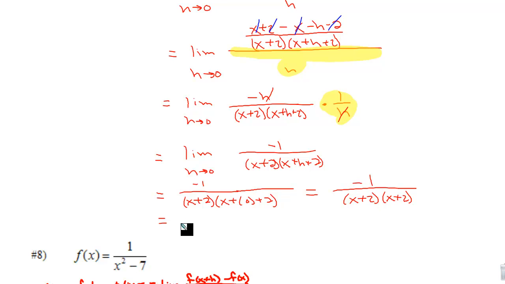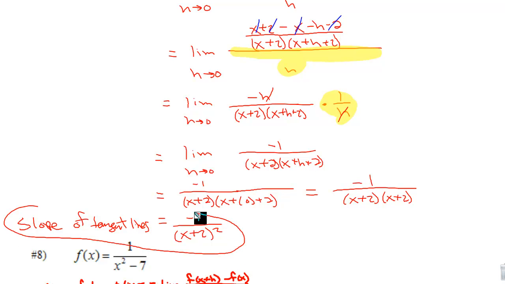Multiplying something by itself, a shorthand for that is to write the thing that you're multiplying by itself, and however many times you're multiplying it, you put that as an exponent. So the slope of all the tangent lines to the original curve is negative 1 over x plus 2 quantity squared.